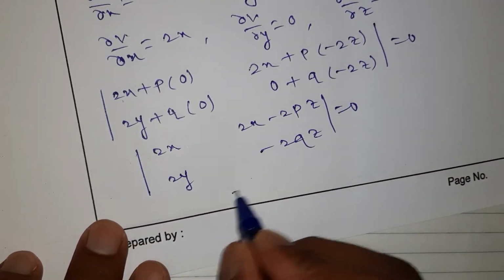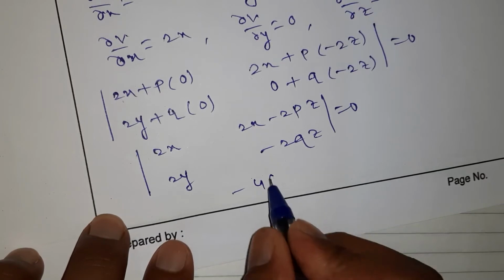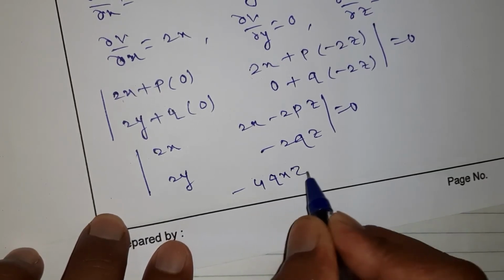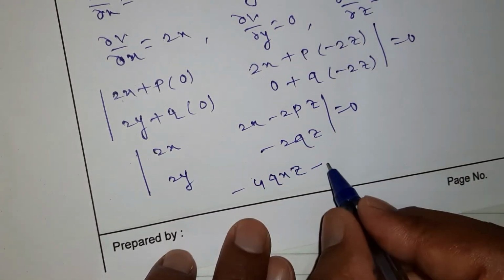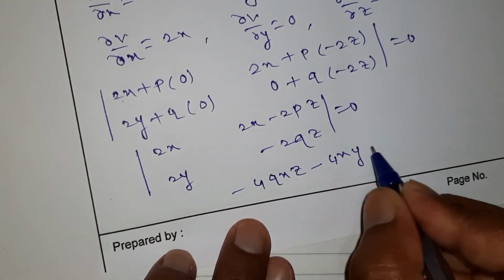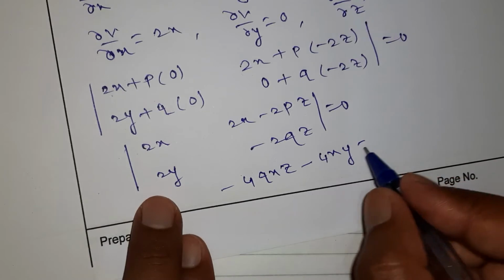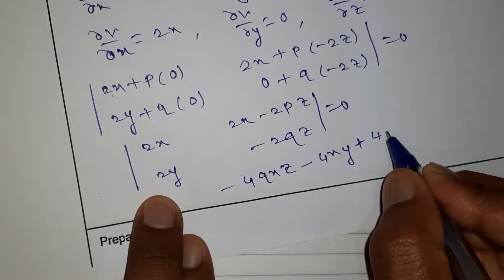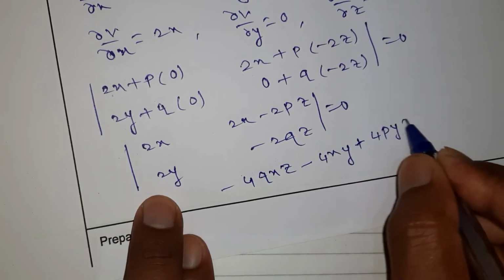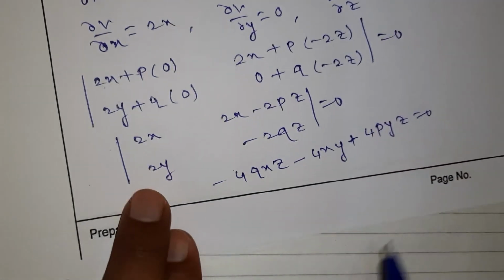What do I get? Minus 4qxz, minus 4xy, it becomes plus 4pyz is equal to 0.